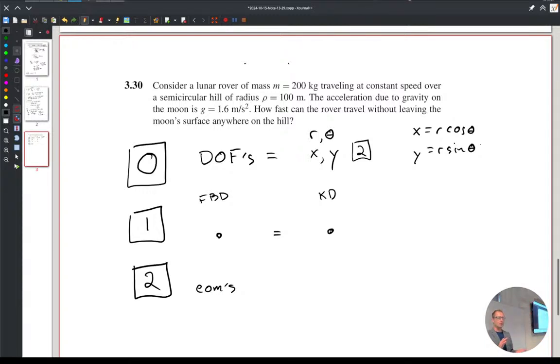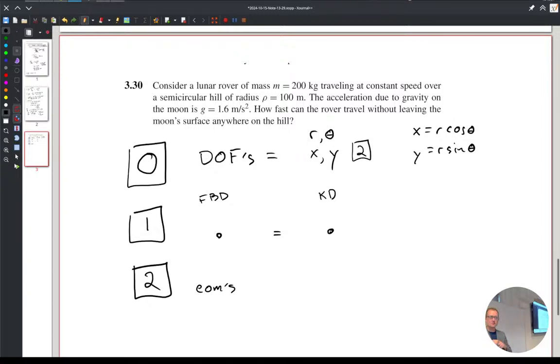Whether I choose X and Y, or X and R, kind of a weird thing to do, it would still work, and I would have 2 independent measurements. One is distance from something, another is an X direction. They're not orthogonal, but it would work, as long as I have 2 independent measures of where that thing is.